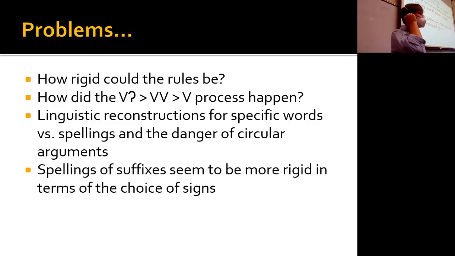The problem when each team discussing spelling rules has its own linguist is dangerous because it's easy to start developing circular arguments. So like, well, we have the spelling, but the reconstruction doesn't fit. Is there a way to make it fit? What if we consider Western Mayan languages? Aha, it seems to be working. And so these kinds of arguments are unfortunately common.